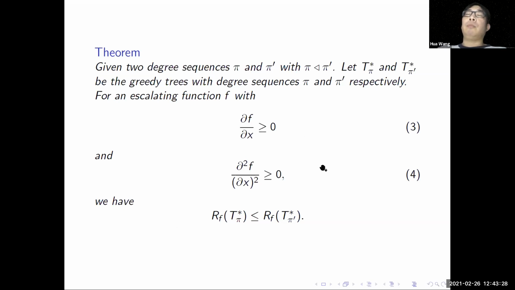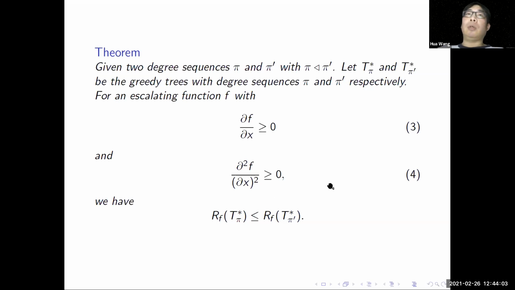But the majorization of greedy trees in terms of the degree sequences was actually studied way before this. Basically it says that if one degree sequence majorizes the other, then the corresponding greedy tree for that degree sequence is better than the other greedy tree corresponding to the other degree sequence. Better in the sense that it's either bigger for something that they maximize or smaller for something that they minimize.